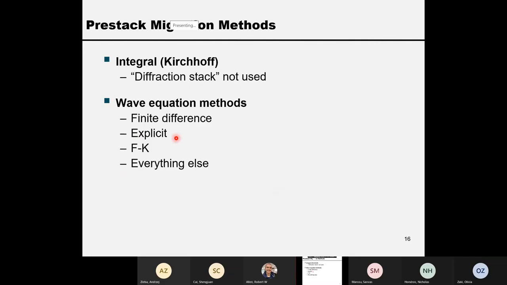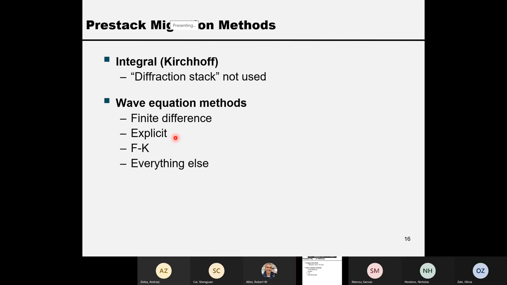This one is very often used, the explicit method. And then if we make a further assumption that for each individual layer the horizontal velocity is constant, you can do the second Fourier transform to transform X to K, right? So you end up with data in the FK domain, which is even faster in terms of migration because everything is in the FK domain.